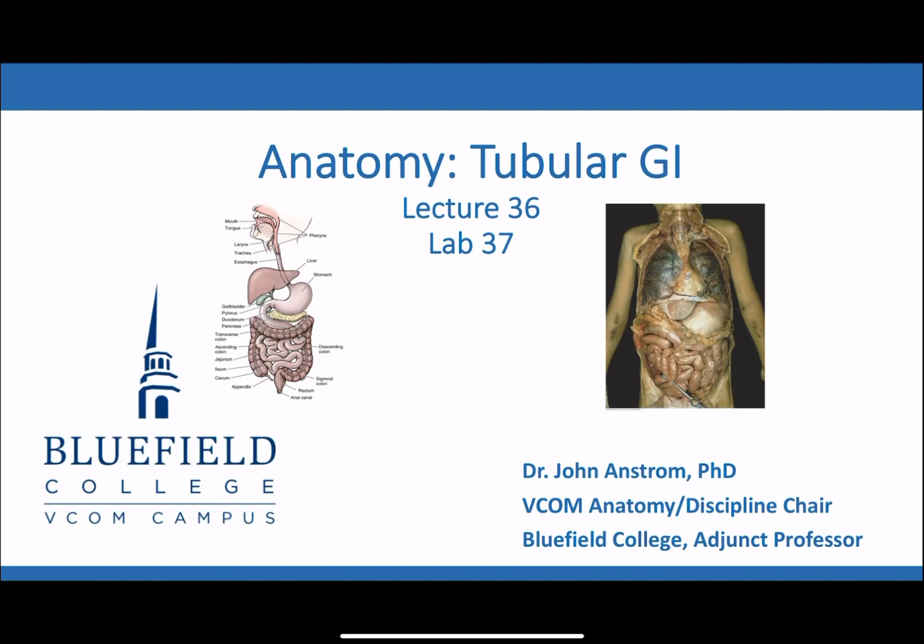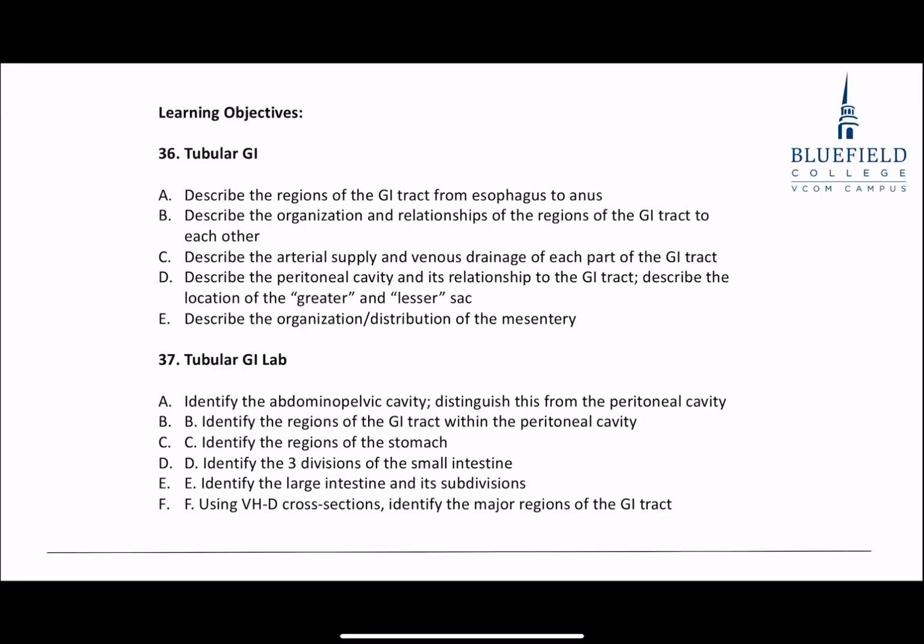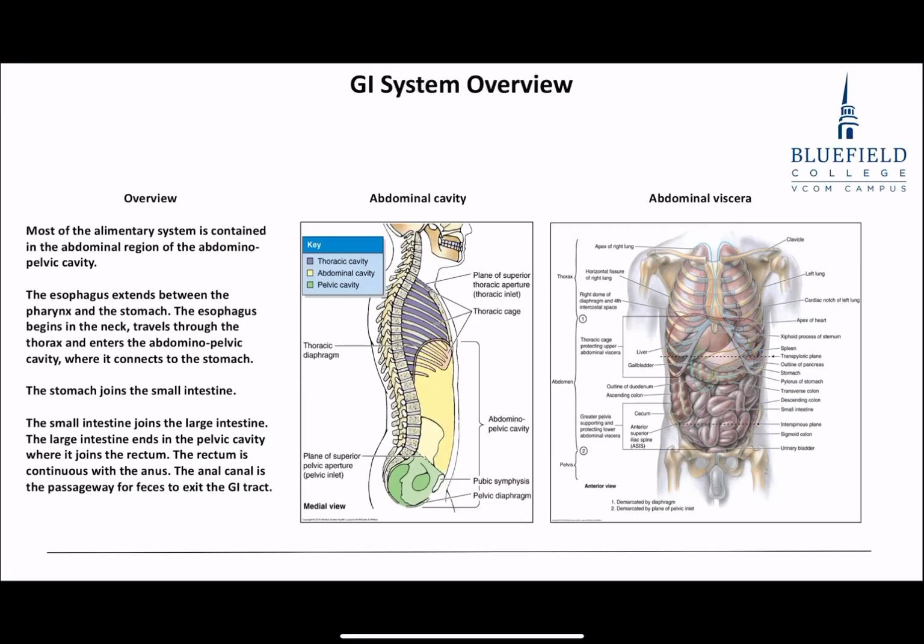Okay, so let's begin then with the GI tract, and just in the way of where is it? The GI tract is mostly going to be contained in this cavity that we call the abdominopelvic cavity. It's shown here in the diagram from your textbook, in yellow and green. The abdominal part is shown in yellow.